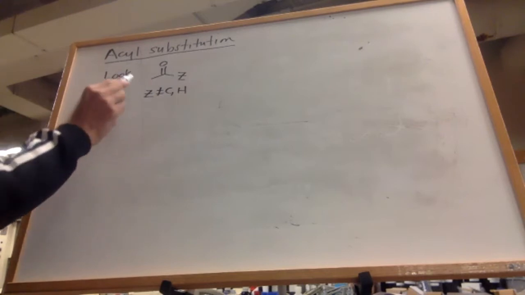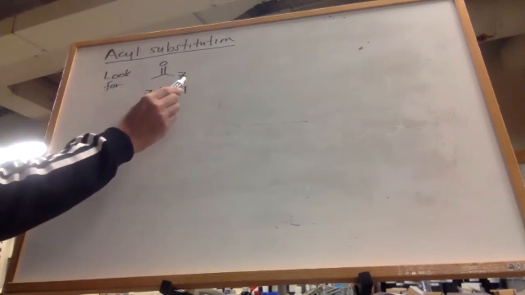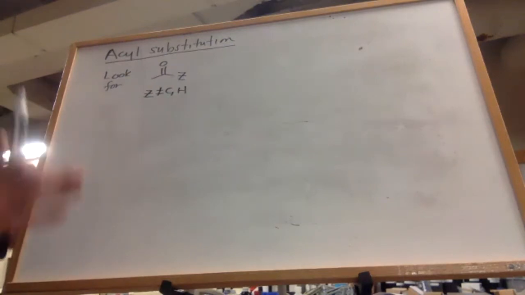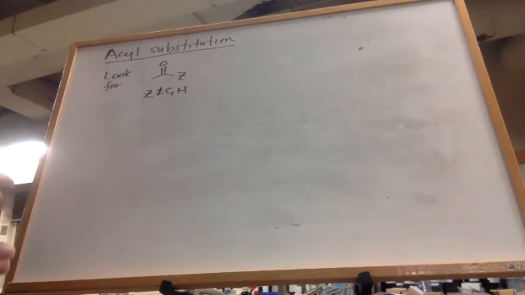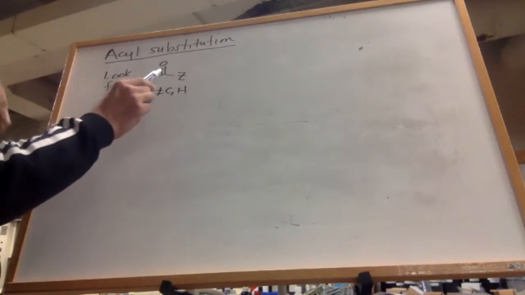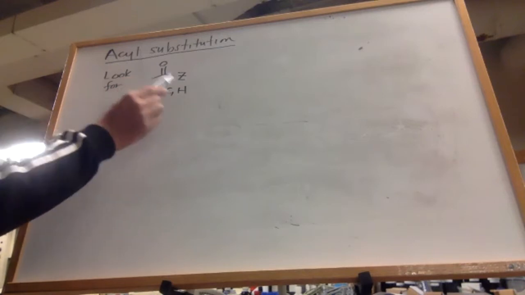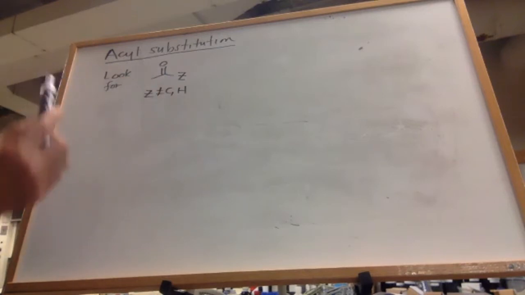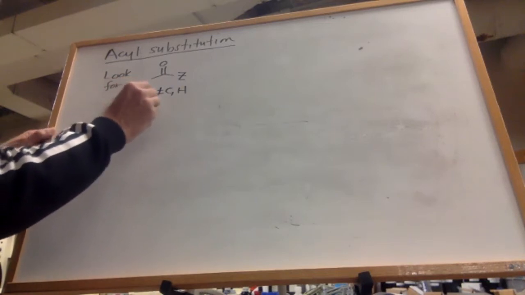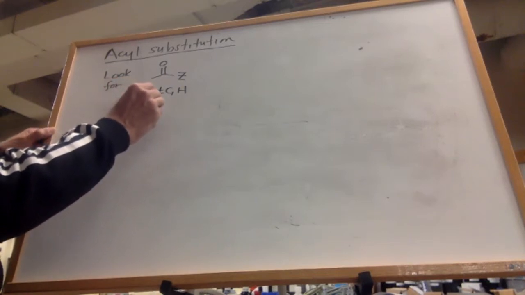If you have carbon on the left and carbon and hydrogen on the right, now we're talking about an aldehyde or a ketone. Aldehydes and ketones don't do acyl substitution. Acyl substitution is a reaction of compounds where the carbonyl carbon is bonded to something that is not carbon and not hydrogen. So that Z group can't be more carbon, it can't be hydrogen.